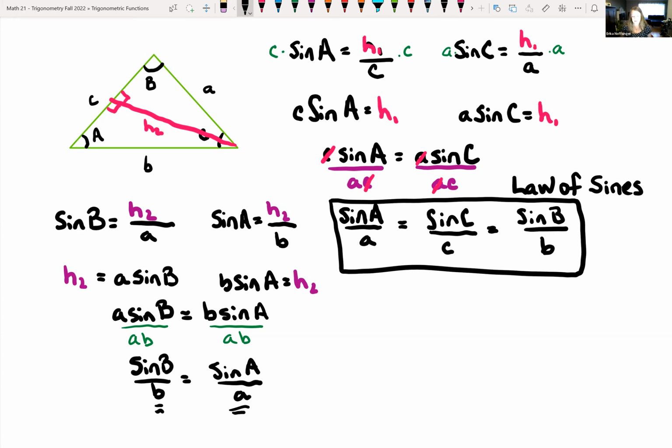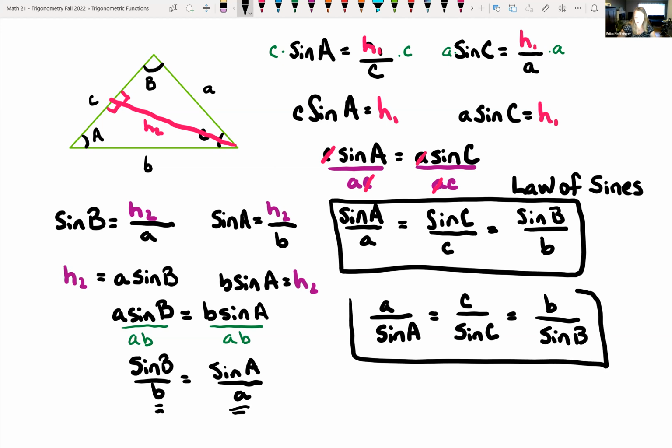But if I was trying to find my sides, we could cross multiply and you would get that A over sine of A is the same thing as C over sine of C. Doing some manipulation, we would get this, which is equal to B all over sine of B. It just makes it easier when we're solving because the unknown is in the numerator versus the denominator if we use it that way.